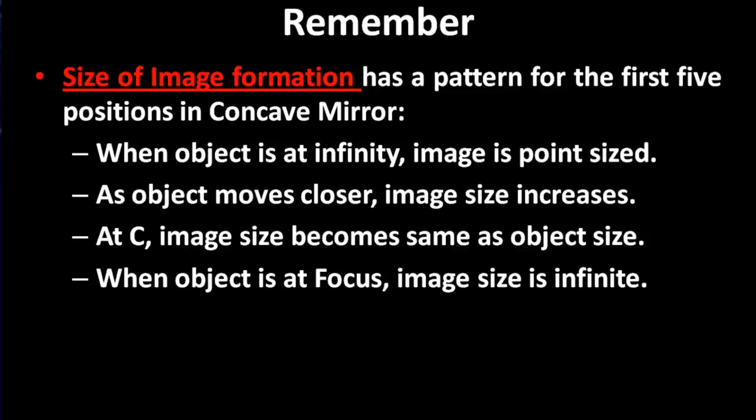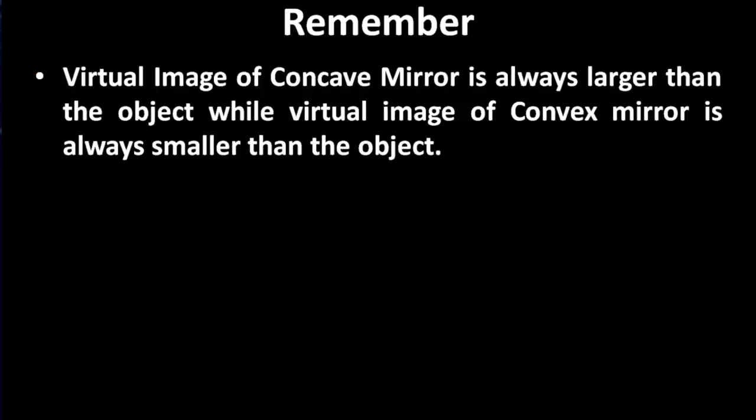When object is at focus, the image size becomes infinite. Virtual image of concave mirror is always larger than the object, while virtual image of convex mirror is always smaller than the object. Thank you.